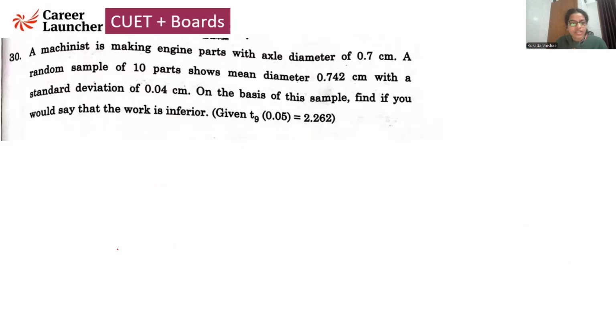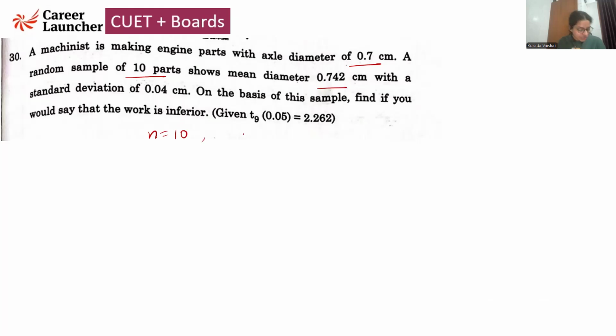Now the next question is: a machinist is making engine parts with an axial diameter of 0.7. A random sample of 10 parts shows a mean diameter of 0.742.